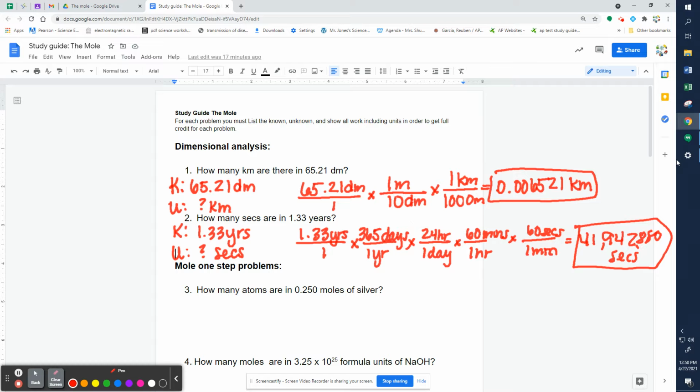So, our first one, we have how many atoms are in 0.250 moles of silver. Same rules apply, so we need to write our known and our unknown. Our known is 0.250 moles of silver. Our unknown, how many atoms.